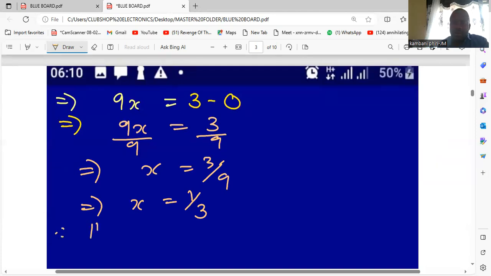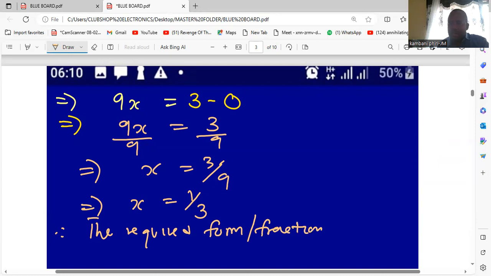Therefore, the required form or fraction is 1 divided by 3. Basically, you are done. So what is happening? We are creating two equations, then subtract.